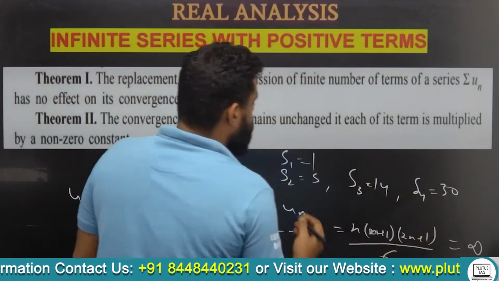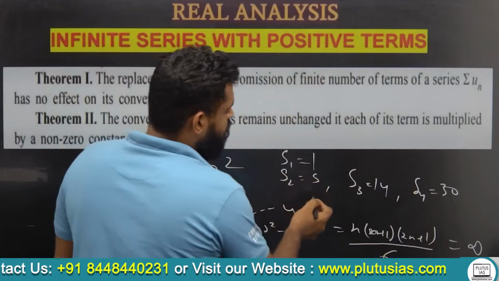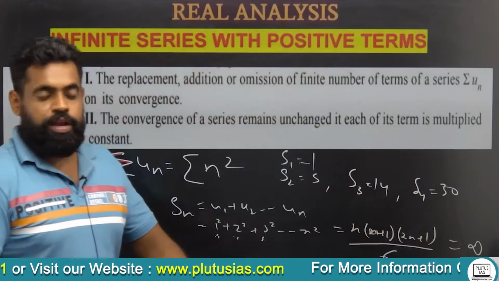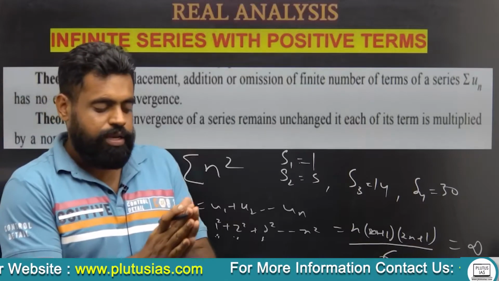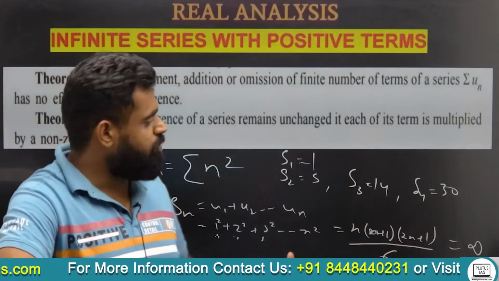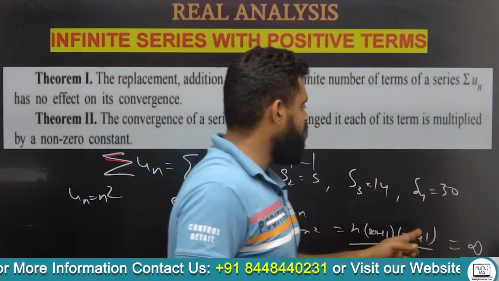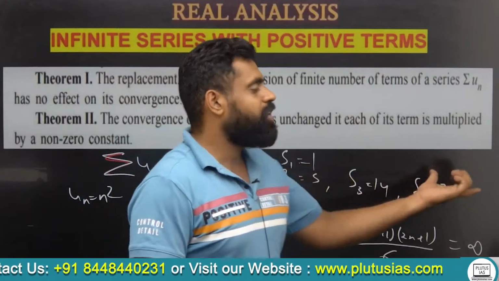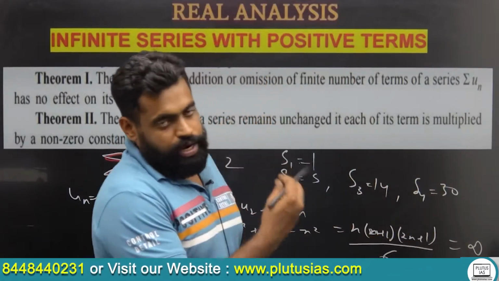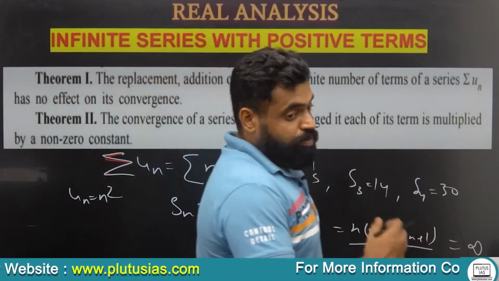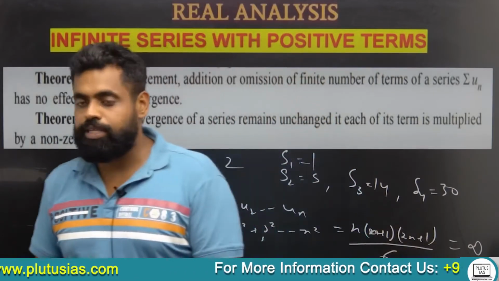So we see the differences: the first is 4, the second is 9, the third is 16. Instead of decreasing, it is already increasing. And we have seen that if n tends to infinity, this will tend to infinity. By the formula also, we can see the pattern. So when n tends to infinity, this summation would tend to infinity. That means that this series is divergent.